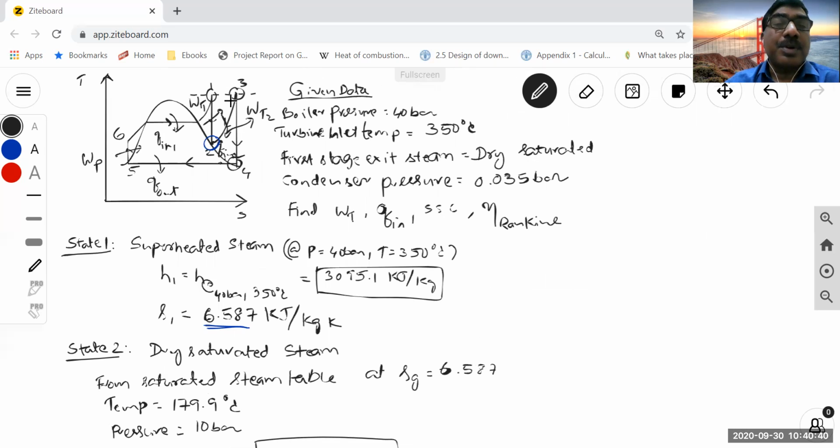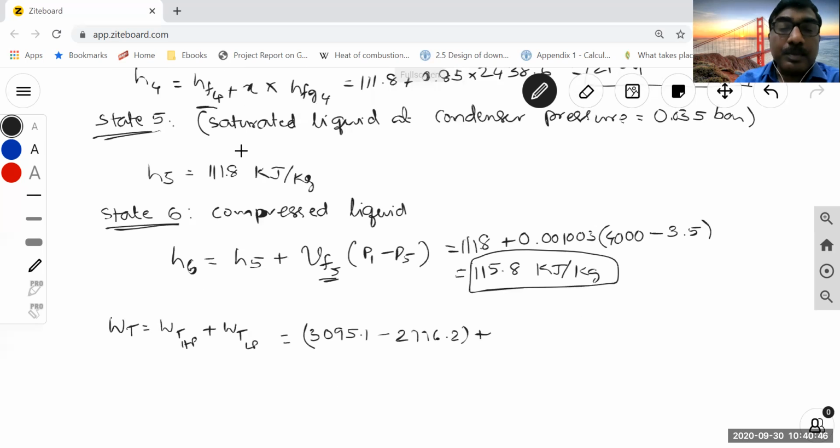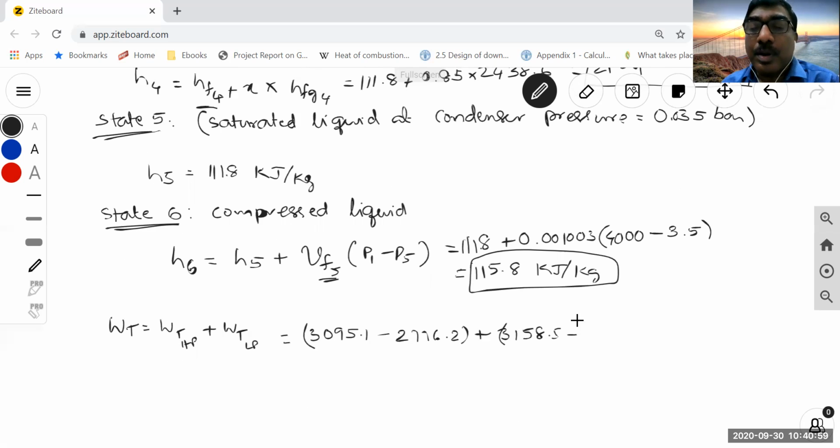H3 minus H4. So what is H3? H3 is 3158.5 minus H4. H4 is 2184.61. So this is the total turbine work.